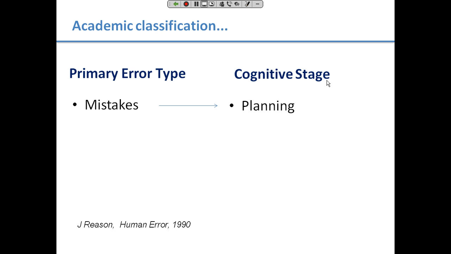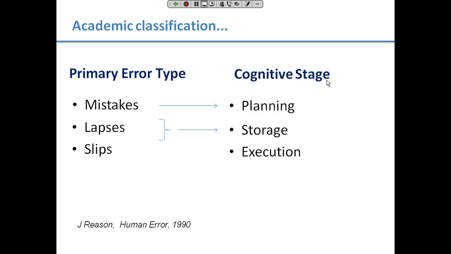We have mistakes that occur, and these are typically those that occur because there was something flawed in the expertise and in the planning that went into setting up a situation. So that's one type. The other type of primary error that is spoken about in his material are the lapses and slips. And these have to do with the plan and its execution.